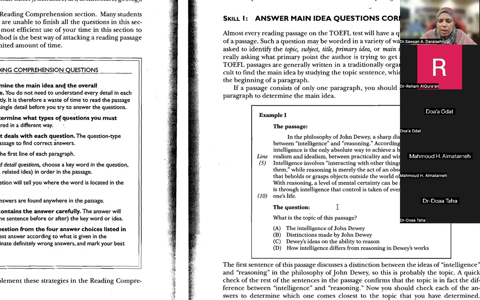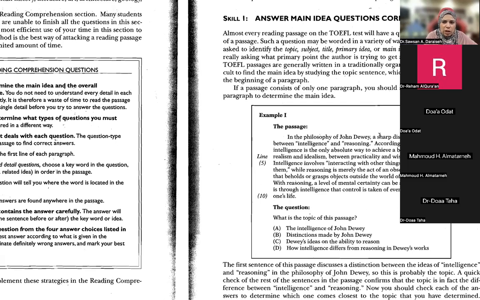And in any passage in the TOEFL, this is stated in the first 2 lines, mainly when you have 1 paragraph. In your research, you have lots of paragraphs, so there's a place called the thesis statement where you state what your research is about. But with 1 paragraph, you have to state this in the first 2 sentences at max, the first, or maybe the second.